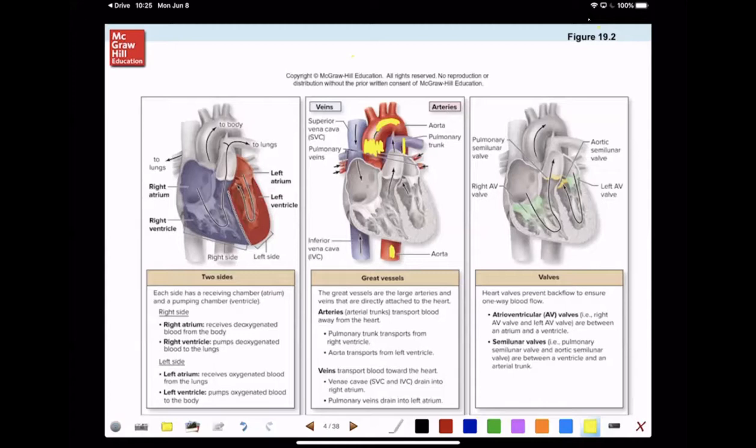From the left ventricle, the blood will pass through the aortic semilunar valve into the ascending aorta, aortic arch, and descending aorta. And the aorta brings the blood ultimately to systemic capillaries where oxygen and carbon dioxide exchange happens. Carbon dioxide is picked up, oxygen is delivered, and then the cycle repeats, okay?